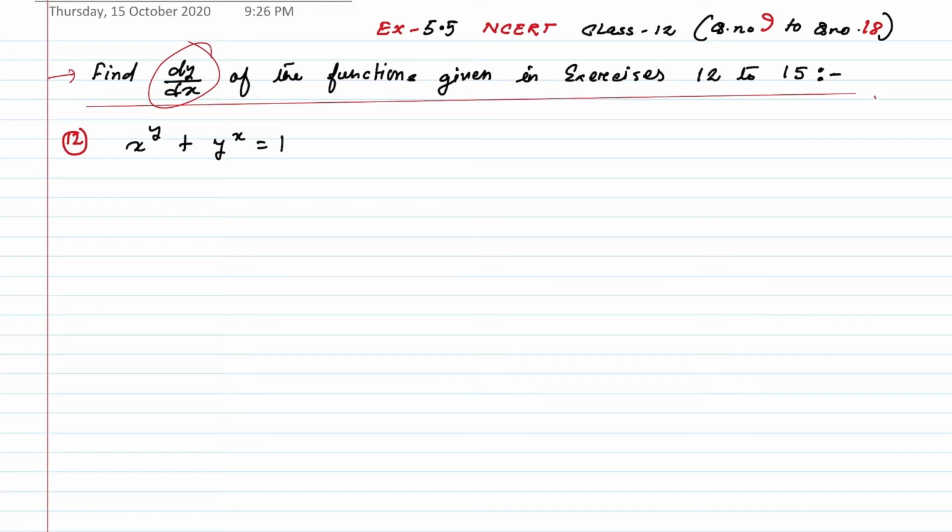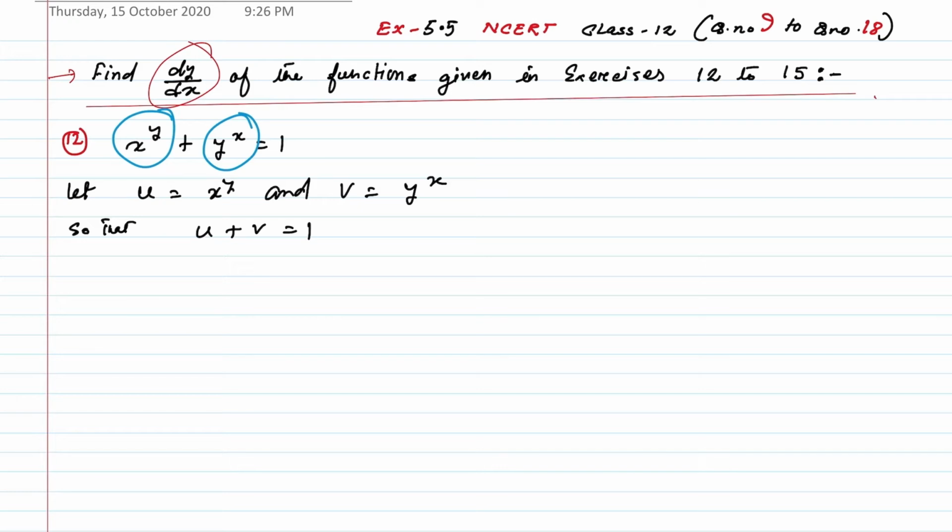So again here also we have to consider this first part as u, this is v, so we can write, let u be equal to x to the power y and v be equal to y to the power x, so that u plus v is equal to 1.